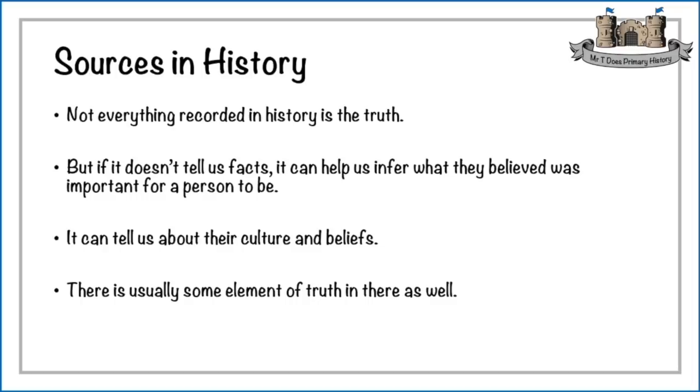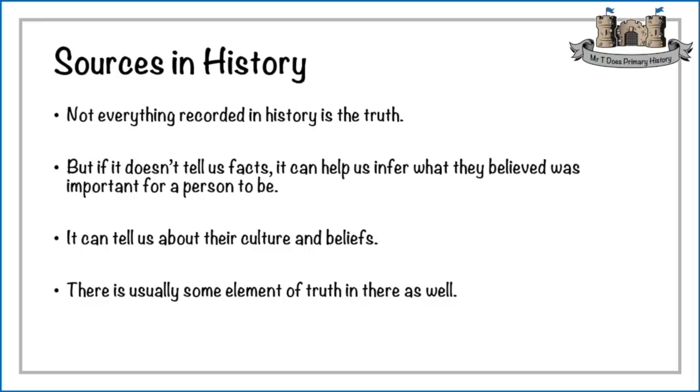Now, let's think about what we can learn from this for sources in history. Number 1, not everything recorded in history is the truth. Quite often, the person writes down what they think is the truth, but as we know, there is always more than one side to things.